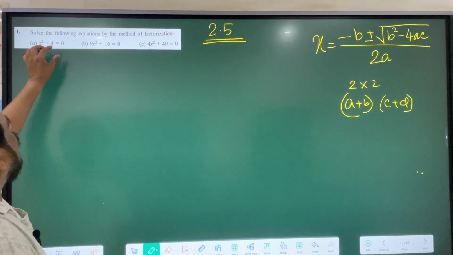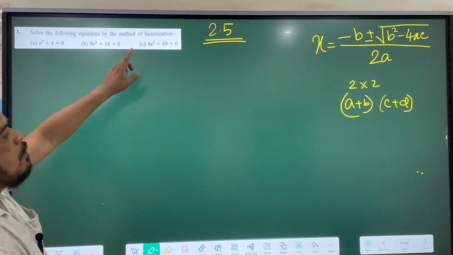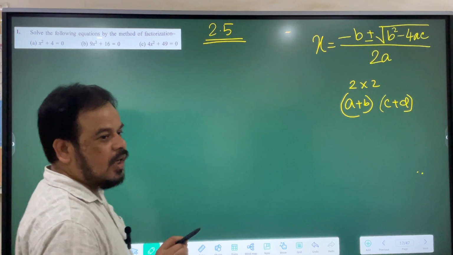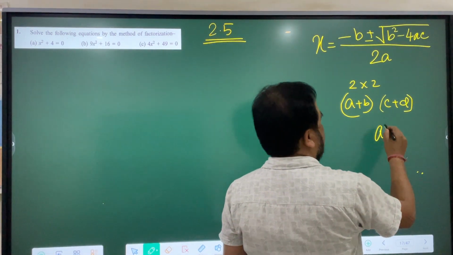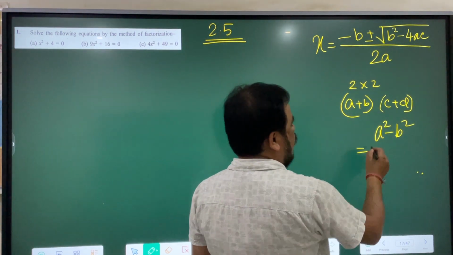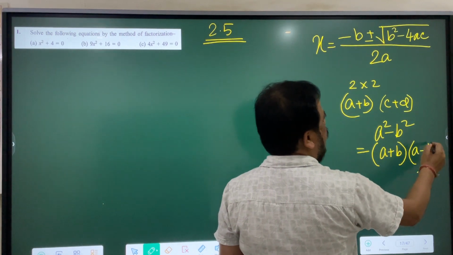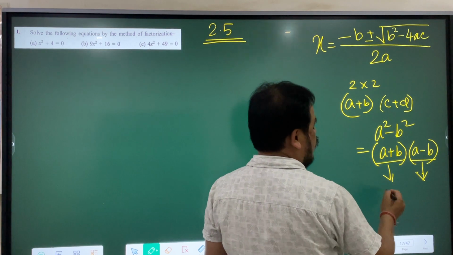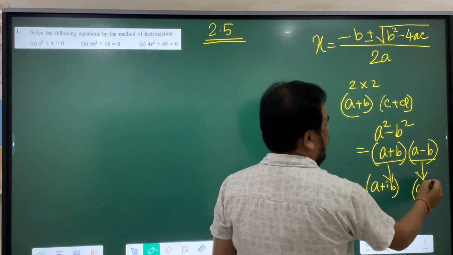Here we have to solve these equations with the help of the method of factorization. So for the method of factorization, which formula do we generally have to apply? Always remember it. We generally apply a square minus b square, because in this case we always get (a plus b) into (a minus b), and this is also related to the complex conjugate, (a plus ib) into (a minus ib).